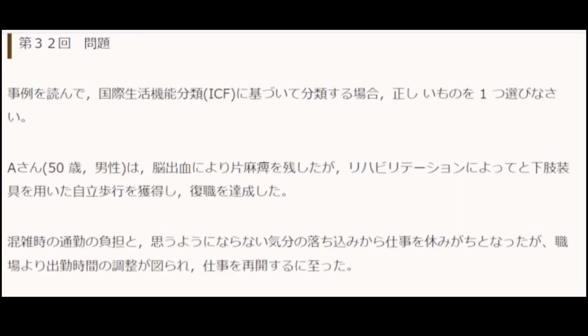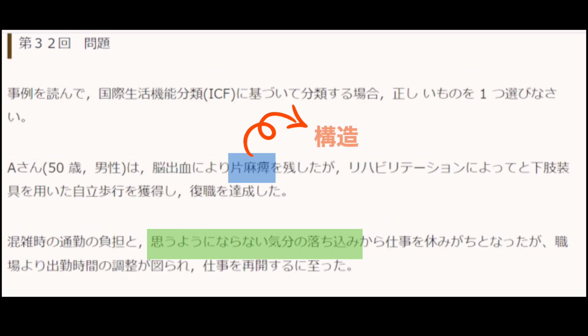For example, Mr. A here had a stroke, and because of that, he was left with katamahi, or a paralysis on one side of the body. He also tends to feel depressed when things don't go as planned. The katamahi is a perfect example of a body structure, an abnormal body structure which belongs to Kozo.